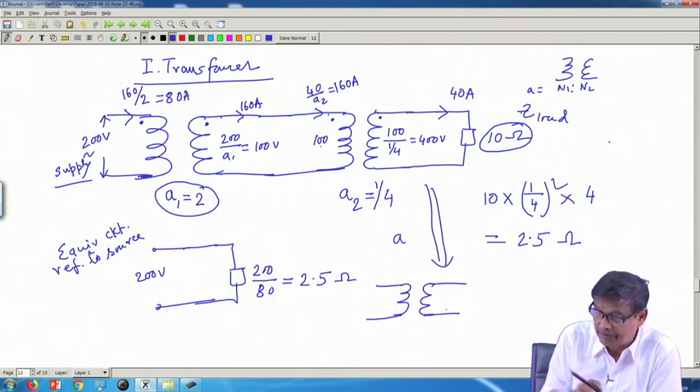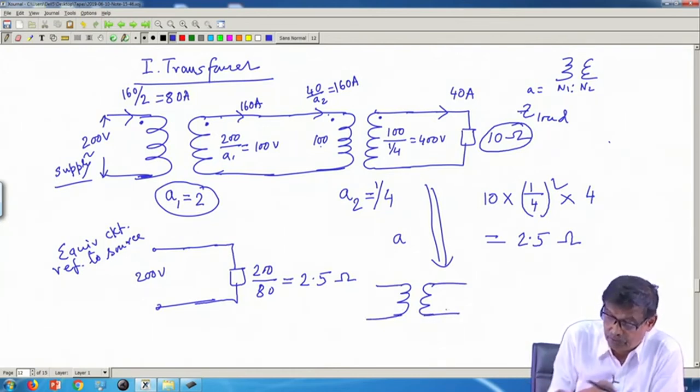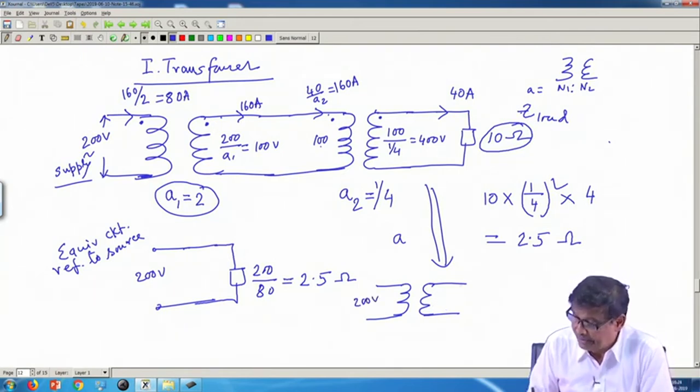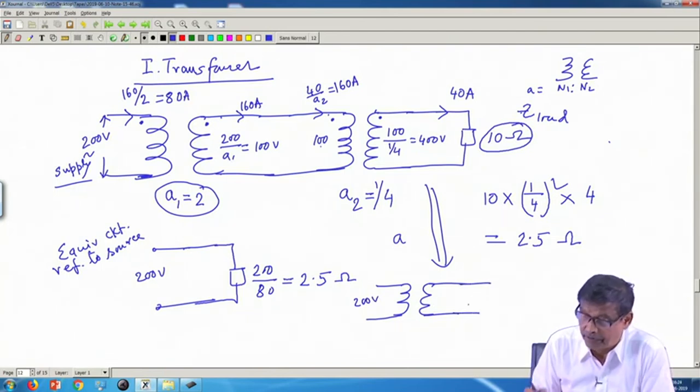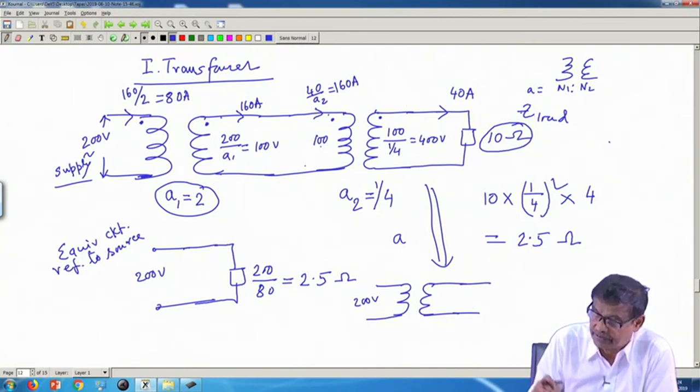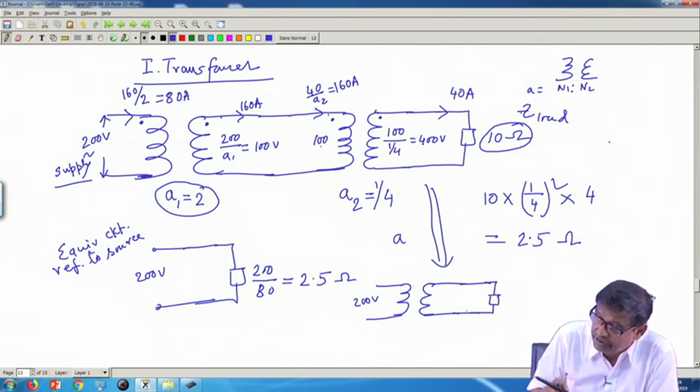Okay, first transformer, I am drawing this whole circuit here. This is 200 volt, fine, and here was a transformer. Treat one transformer at a time, eliminate this transformer first. Then I will say across this transformer an impedance is connected, whose value is a square into 10.